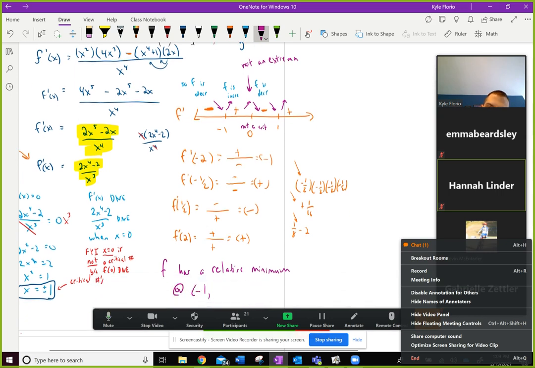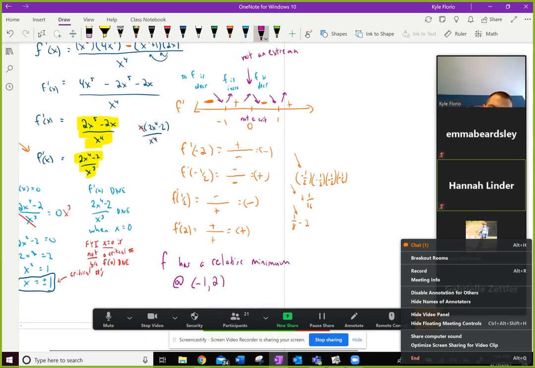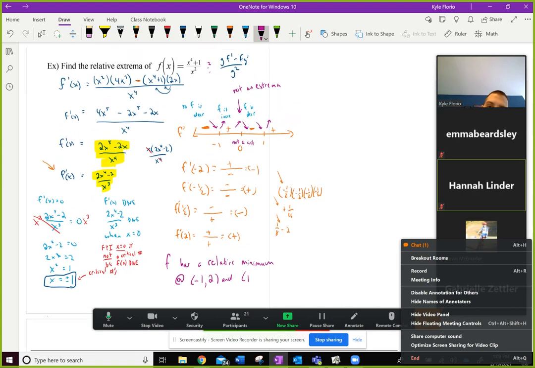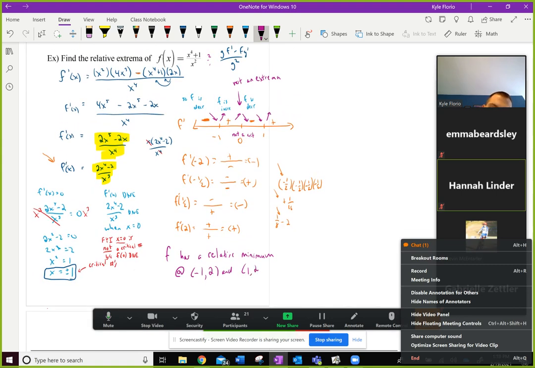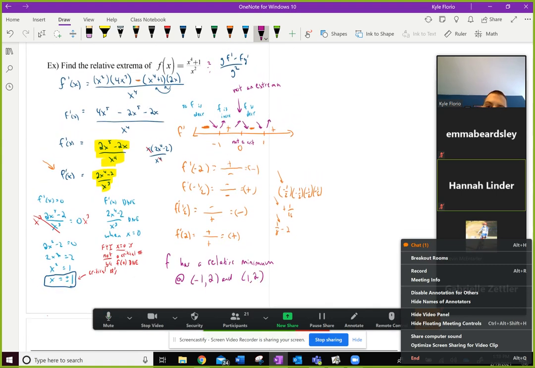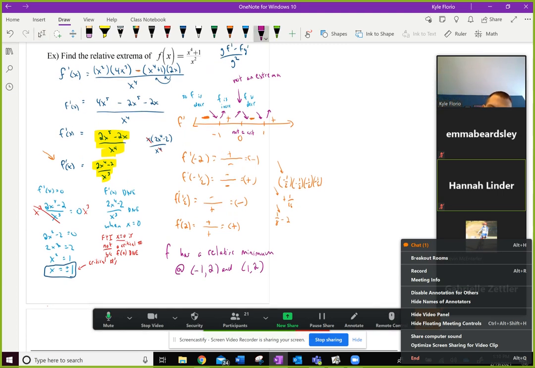It's going to be 2. And we're also going to have a min at positive 1. And if you plug 1 in, you're going to get the same output of 2. Right? No relative max, because x equals 0 is not a critical number.